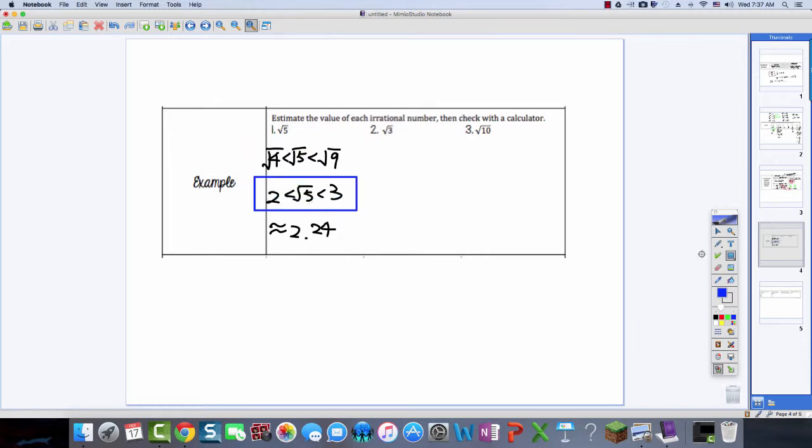If you leave it there, I'm okay with it. But if you get to 2.24, that's even better. You will lose points if I don't see this inequality. But I won't take points off, obviously, if you give me the approximate decimal.